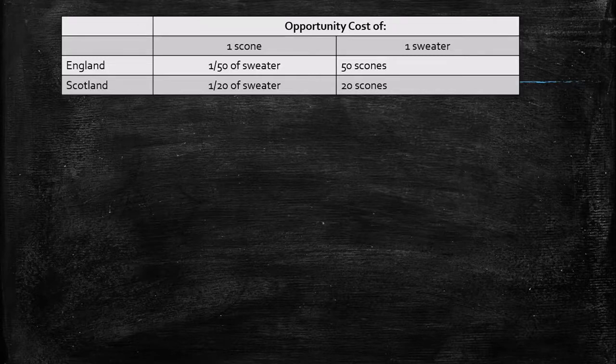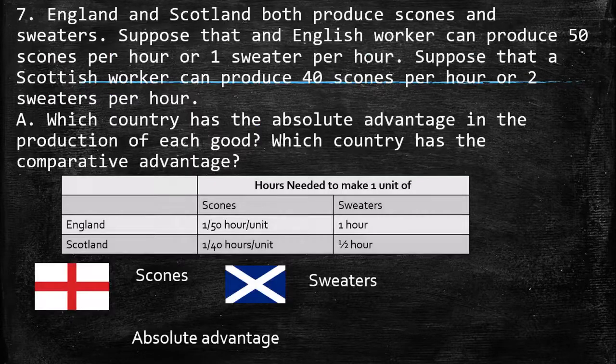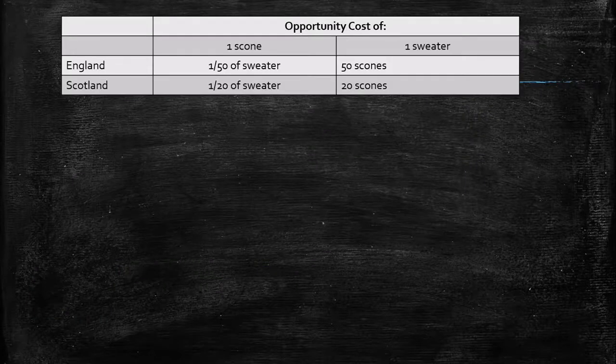After, we have to look at the opportunity cost in order to find the comparative advantage. In this case, in the time that the English worker produces 1 scone, he can produce just 1 over 50 of a sweater. For 1 sweater, the English worker can produce 50 scones.